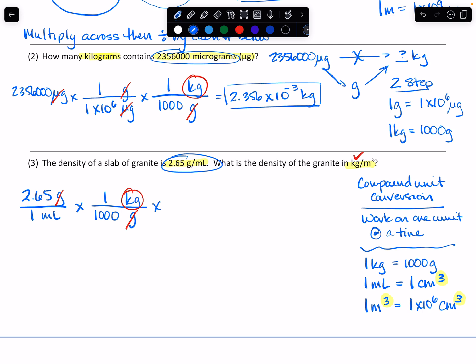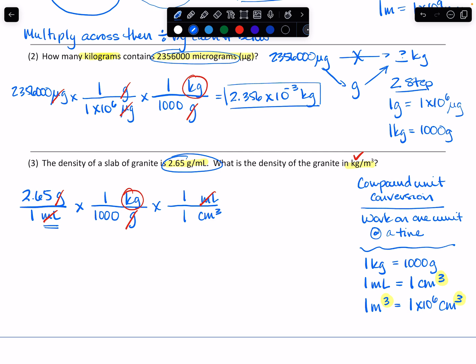All right, so I'm going to continue the problem, and now I'm going to look at my volume unit. This time milliliters is in the bottom, so I need milliliters up top. And because I can't go directly to meters cubed, I'm going to make a stop at centimeters cubed. And I know that that equality is 1 milliliter is equal to 1 centimeter cubed. All right, so I check, this is in the bottom and this is up top, so that is canceled out.